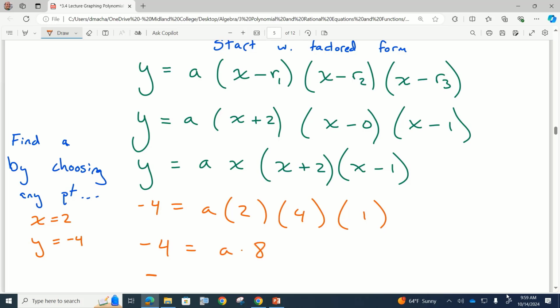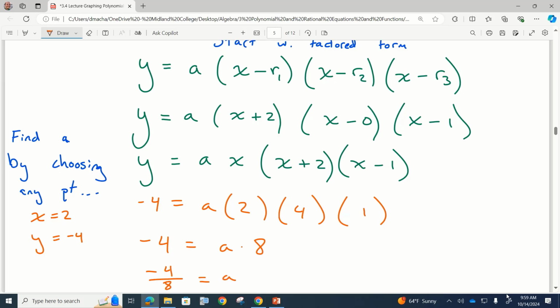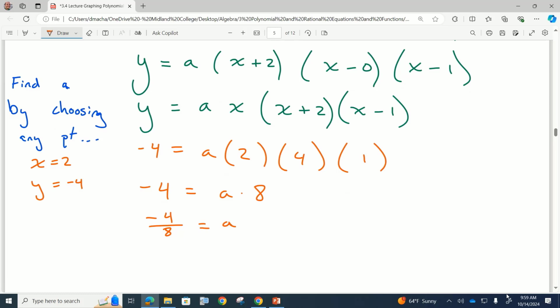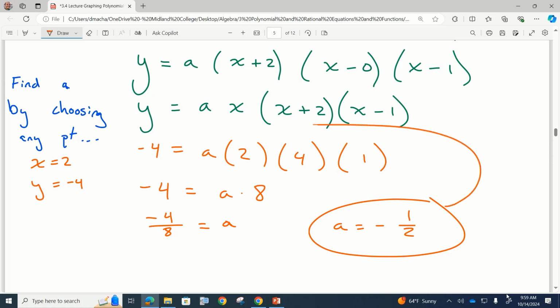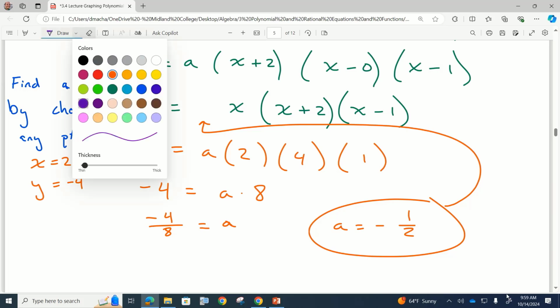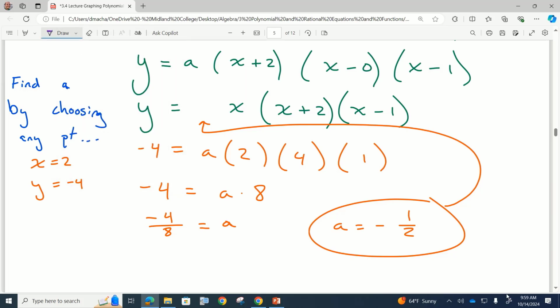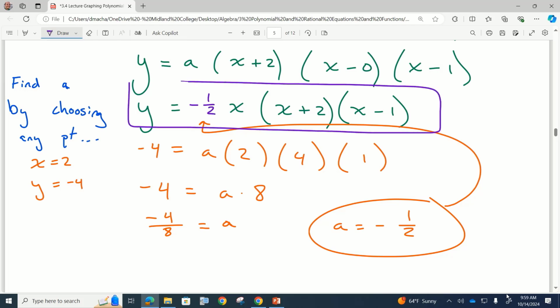If I divide both sides by 8, a is equal to -4 over 8, and that fraction simplifies to -1/2. And since I know a is -1/2, I could come back here and plug in -1/2, and this is in factored form.